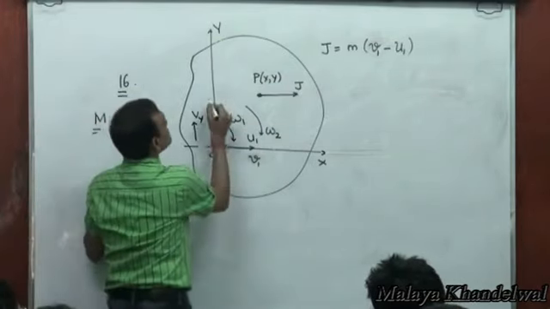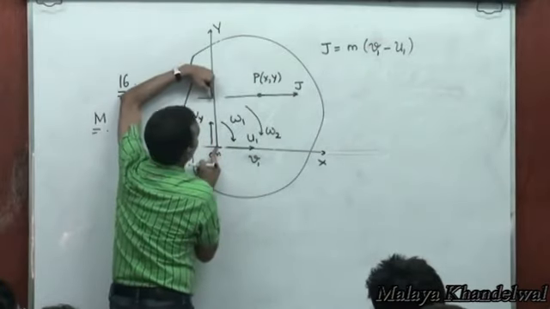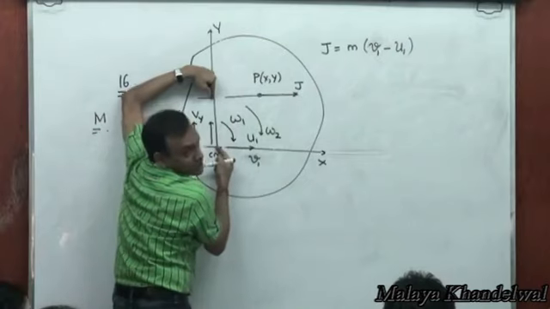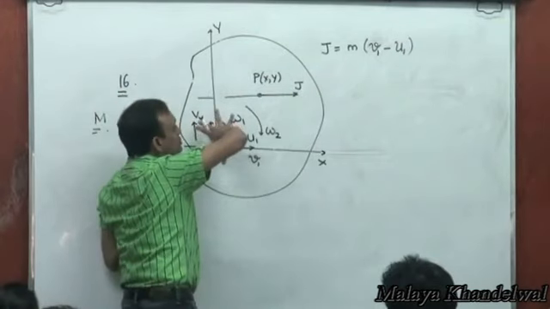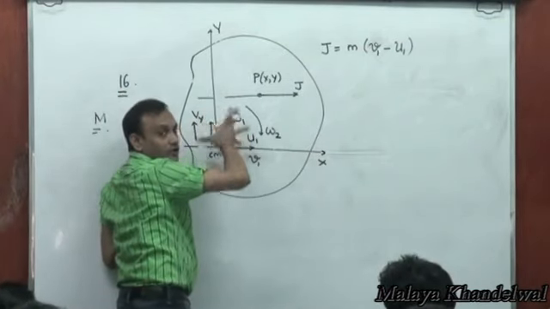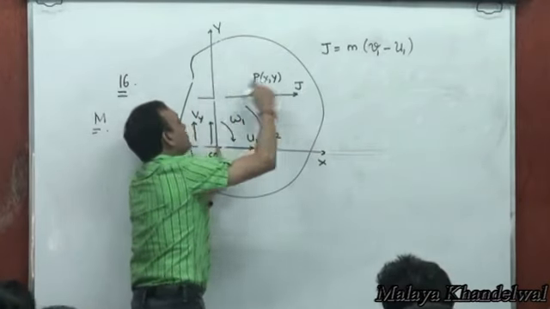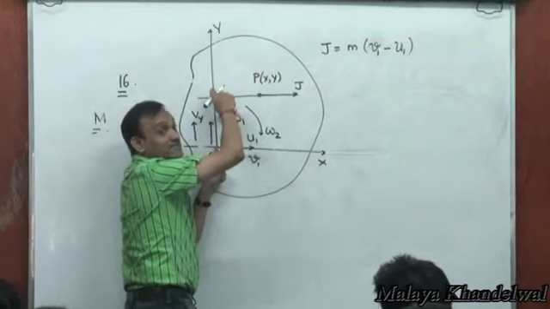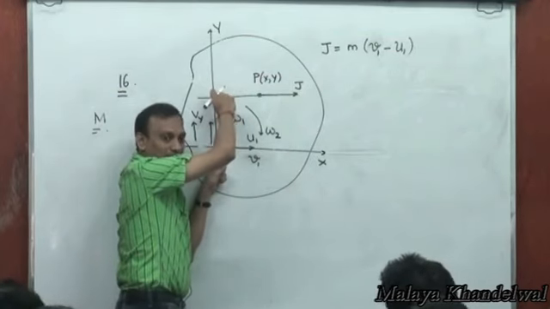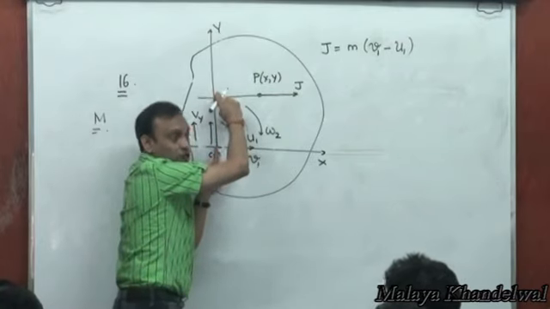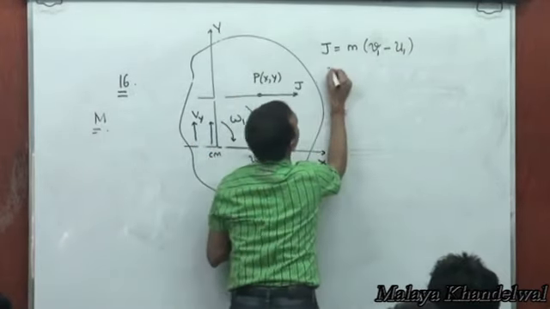Now, this impulse J, which is acting y units from the origin, produces a clockwise angular impulse, J into y, about the center of mass. Yes or no? So, what does J into y do?